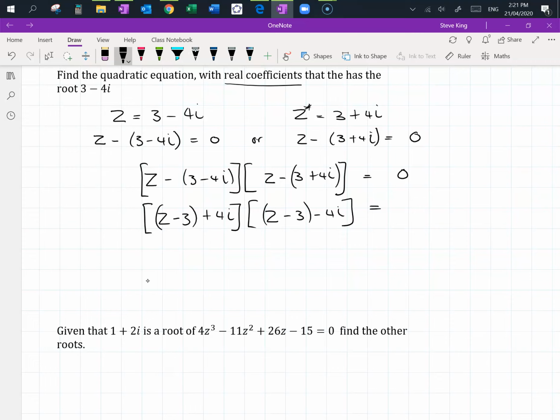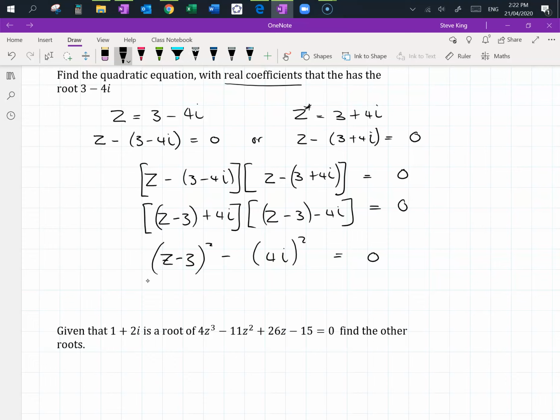Hopefully you'll see that I have created a difference of squares situation. I've got the same initial term at the front of each bracket, and the only difference between them is a plus and a minus sign. It means I'm going to square the first part, so it's (z minus 3) all squared, minus the second part squared, (4i) all squared, and that's going to equal 0.